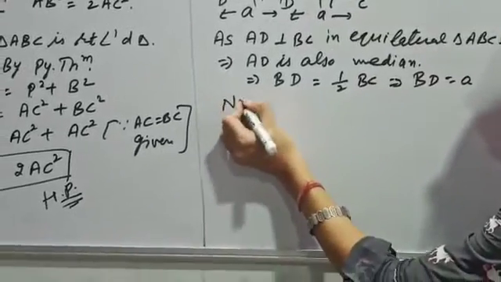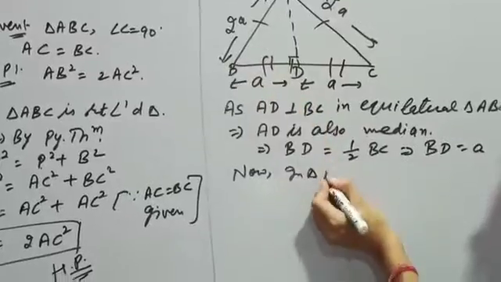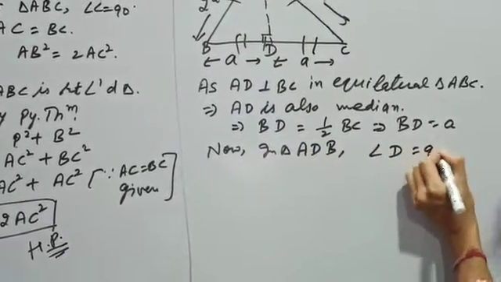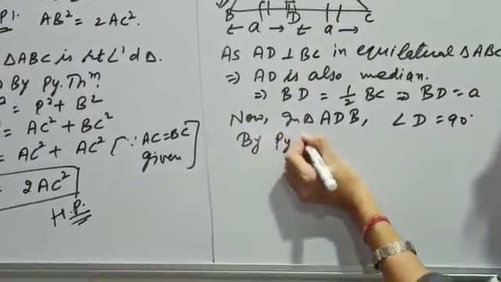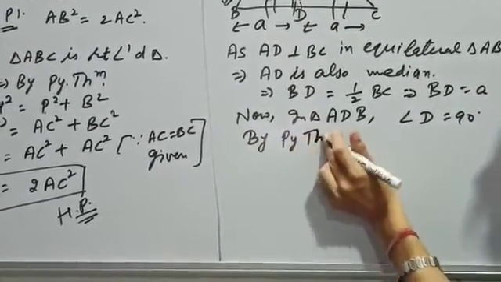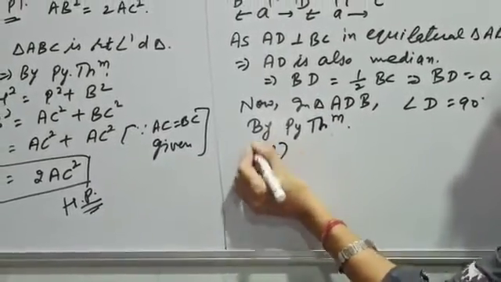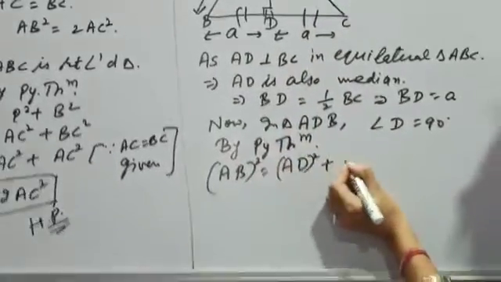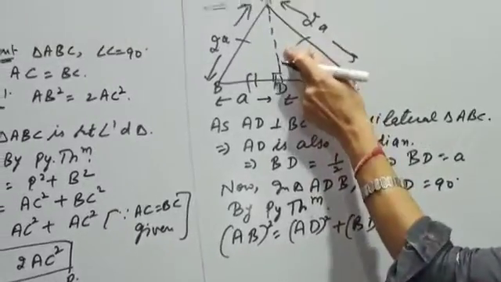So now in triangle ADB, in this triangle, angle D is equal to 90 degrees. So by using the Pythagoras theorem, AB square is equal to AD square plus BD square, in which we want to find the altitude's value.